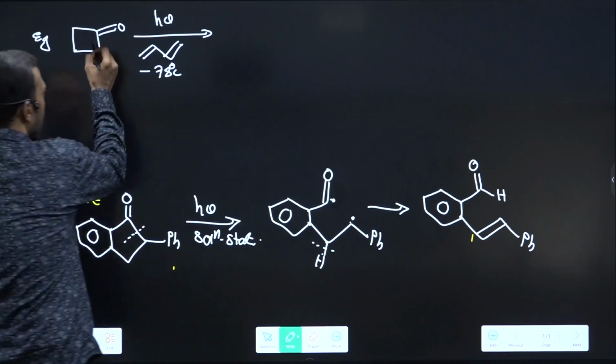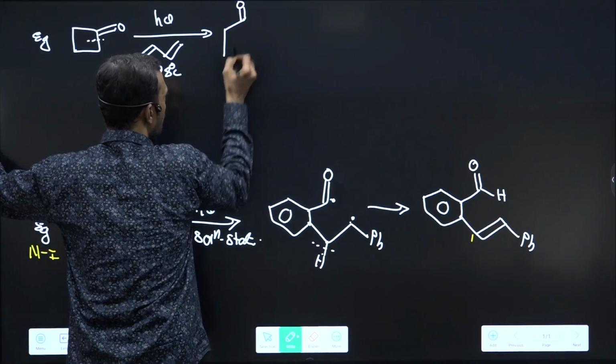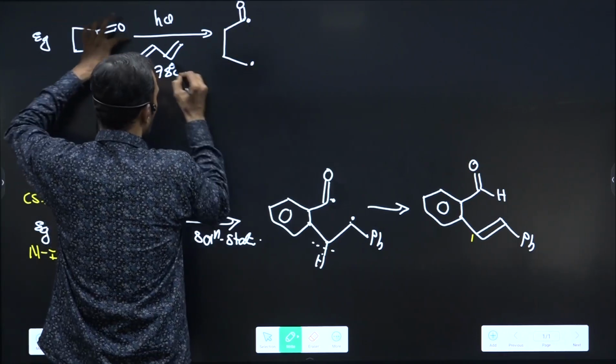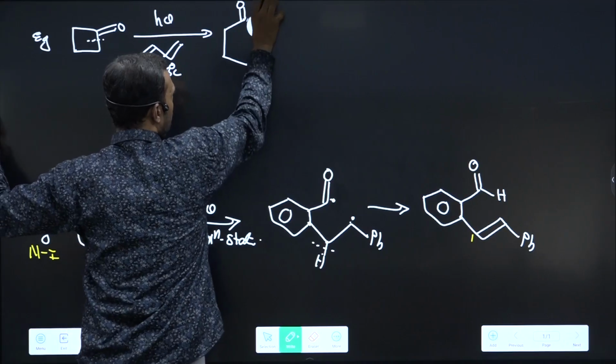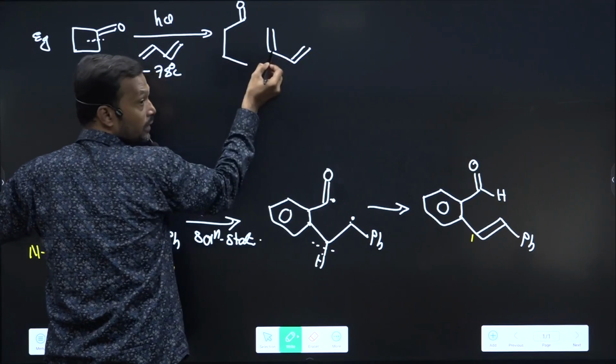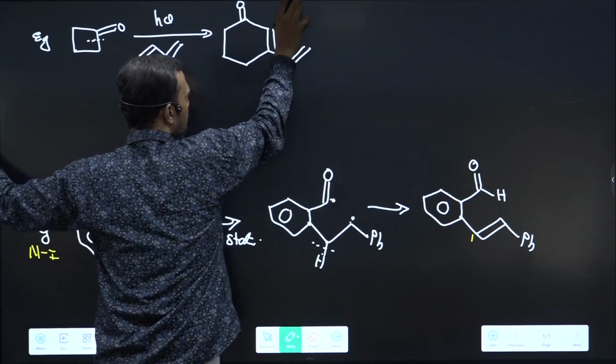If I break here, you will get a radical. You will get it like this, radicals or not? Here one radical you will get. Now this double bond will join here. So this double bond I am writing like this. So this is combined with this, combined with this, by removing this. This is major.